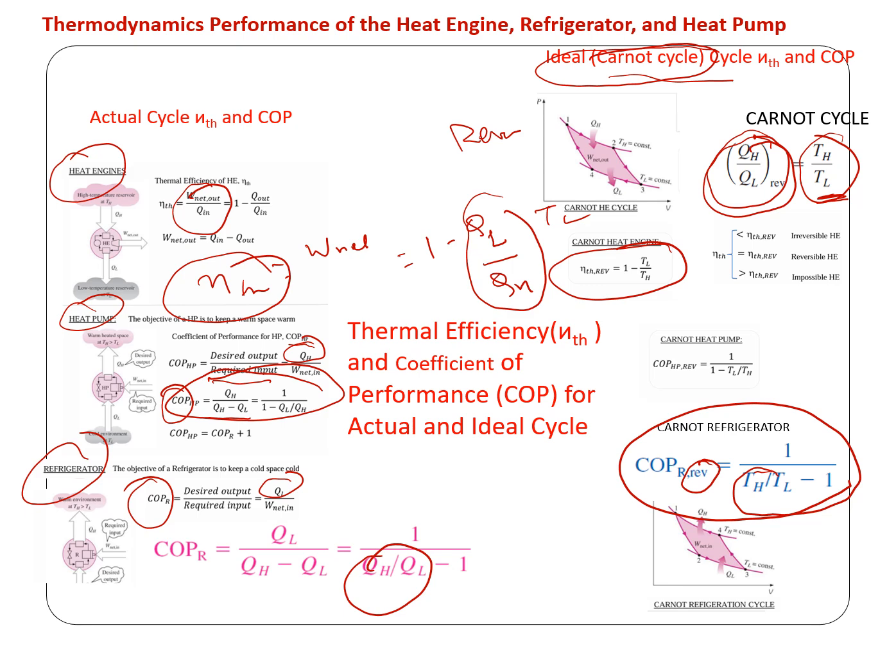So this efficiency and COP for reversible heat pump and refrigerator is the maximum achievable value. That is just the ideal case. So it provides us the ways to improve the efficiency of a heat engine or the COP of the refrigeration and heat pump cycle.